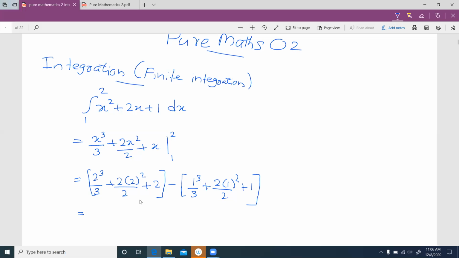Right? Give me 1 minute. Yes, if you work this out, you will receive the answer, the answer becomes 19 over 3.